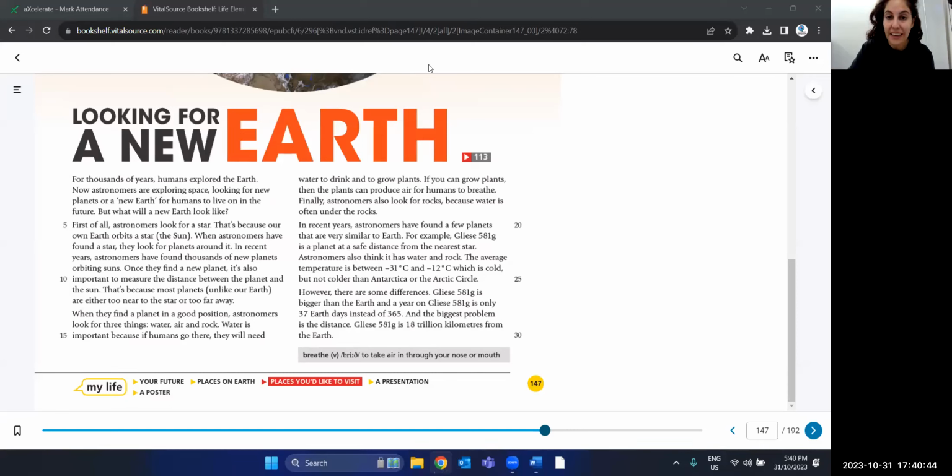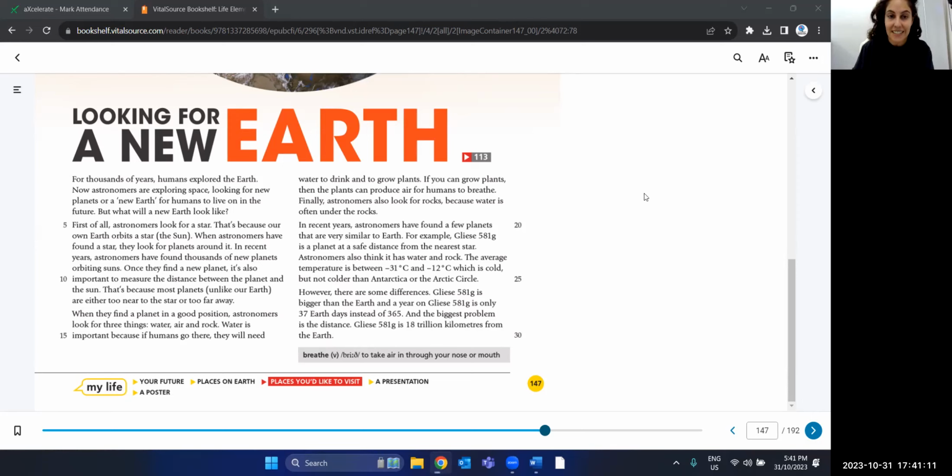If you can grow plants, then the plants can produce air for humans to breathe. Finally, astronomers also look for rocks because water is often under the rocks.